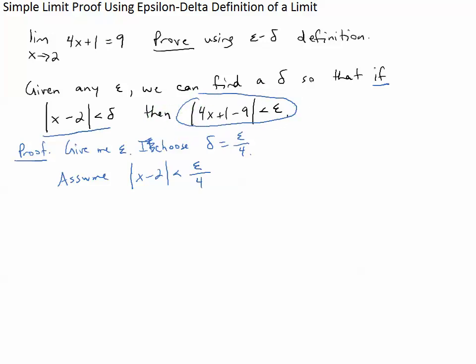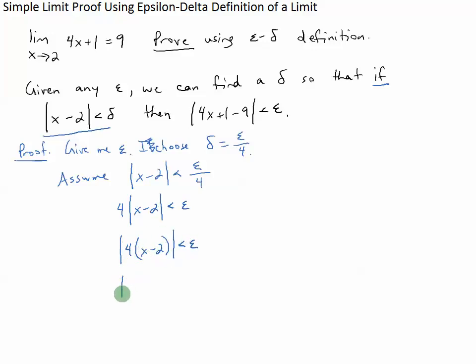So what I can do is go through those steps that I had here in reverse. So I'll multiply both sides by 4, which gives me epsilon on the right. I can inject my 4 into my absolute value. It's a positive number. That's not going to affect the absolute value. Distribute my 4.